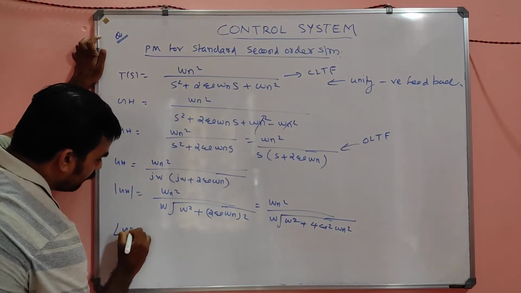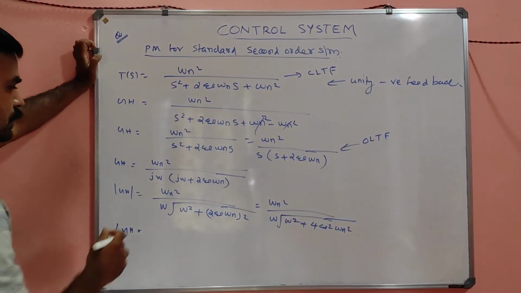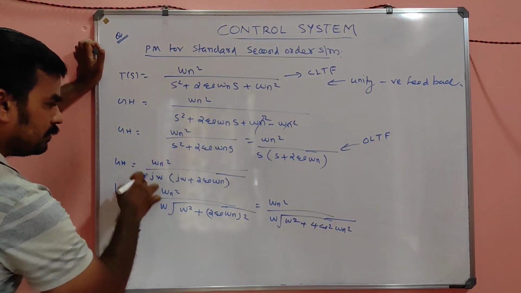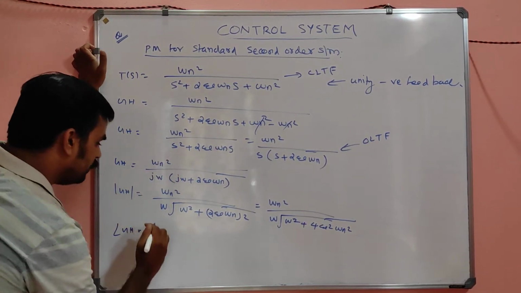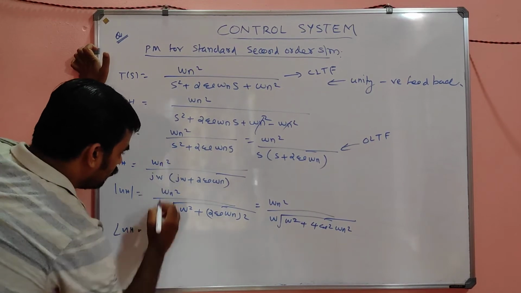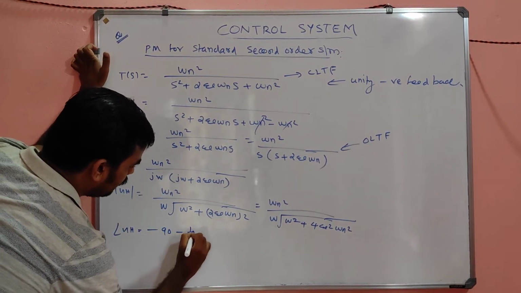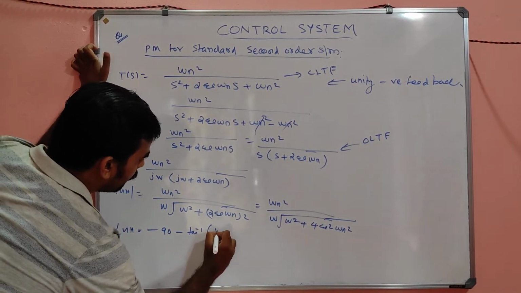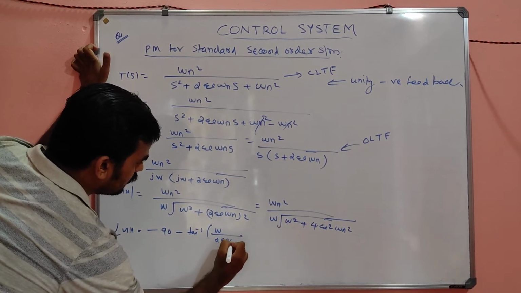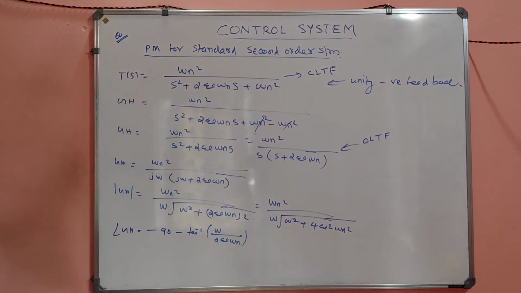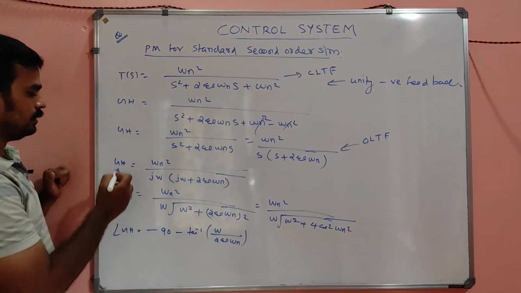What is the angle of GH? You can simply find it. The denominator goes to the numerator, so the angle is minus 90 minus tan inverse omega divided by 2 zeta omega n. So this will be the angle and this will be the magnitude.